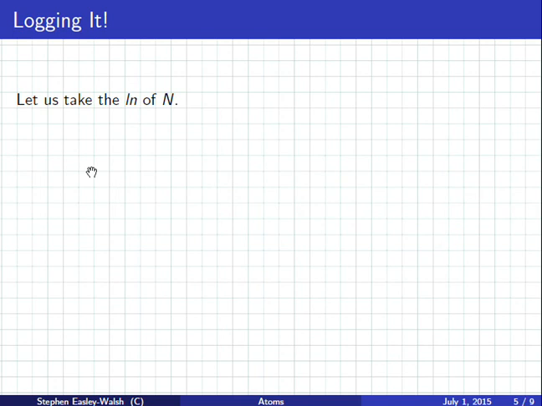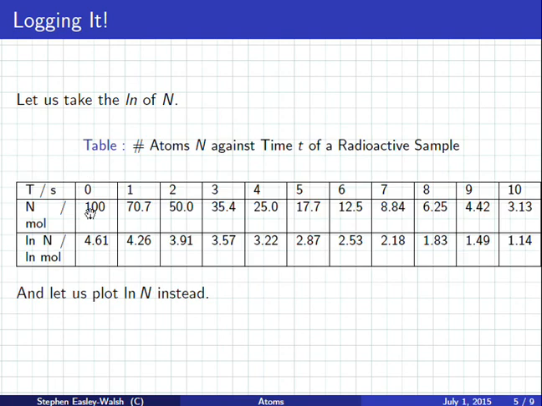So what I'm going to do now is calculate the log of the N. For example, here is 100, and underneath it is log 100. And here is 70.7, and underneath this is 4.26.